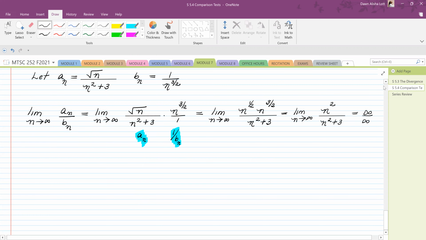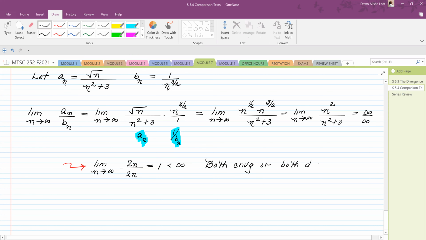The first time L'Hopital's rule gives you the limit as n approaches infinity of 2n over 2n. Oh, actually, we only need to do it one time. And that's 1. And 1 is finite. So therefore, they both converge or both diverge.